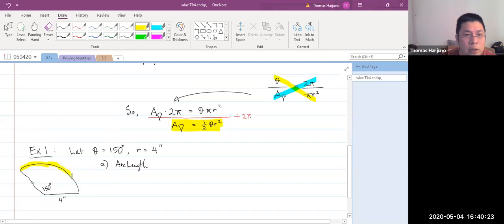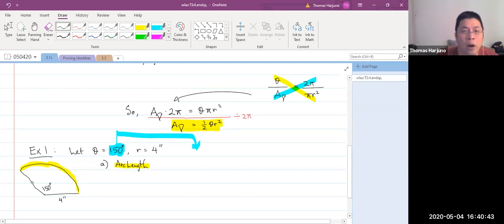But before I work on that, pay attention to the theta. The theta here is in degrees. I need to change that to radian first. It has to be in radian before you use that formula.